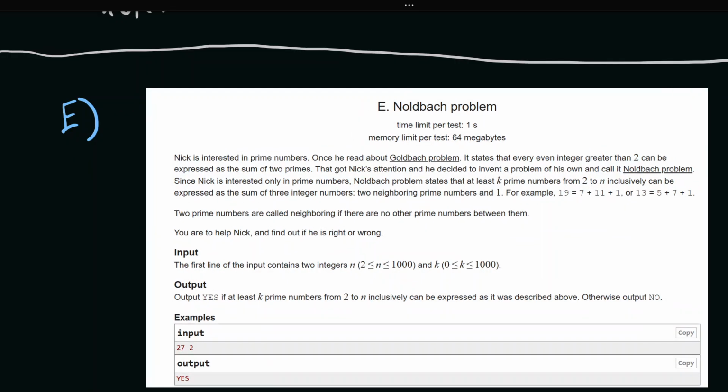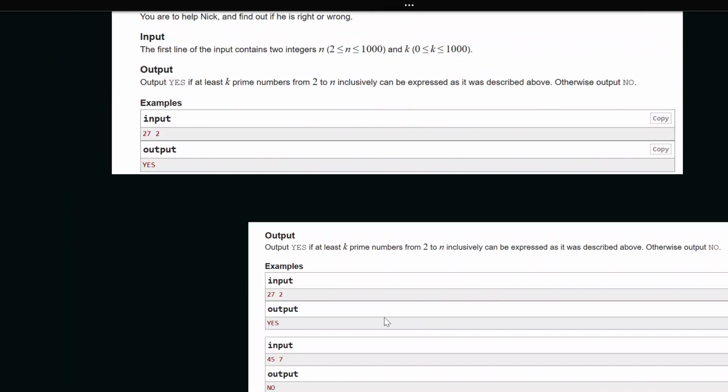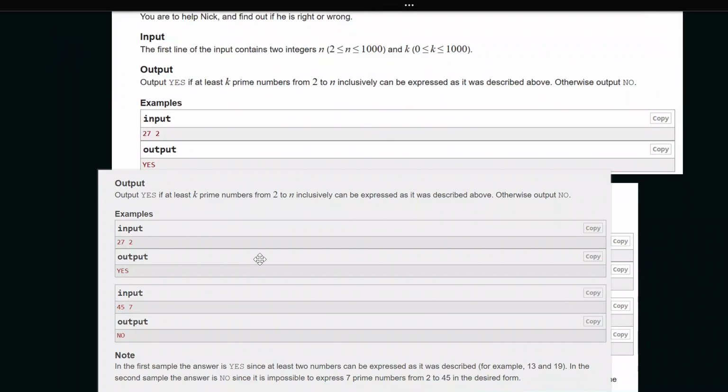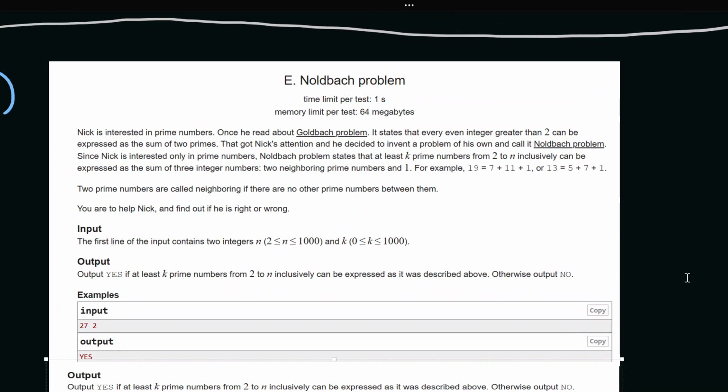So we have this question. Let's take the examples. This is a math heavy question. Let's read it out and figure out how to solve it.